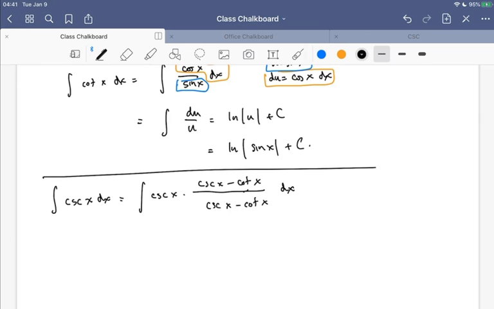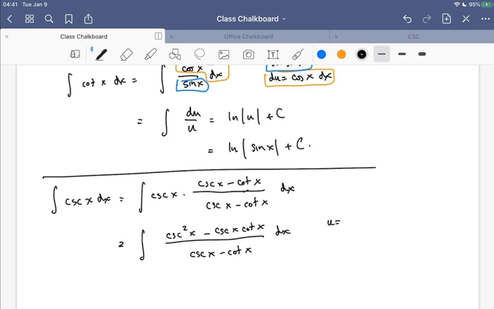It's the same idea as how we did the integral of secant by multiplying by secant plus tangent over itself. And this just turns out to be the version that we need for this guy. If I multiply that out, I've got cosecant squared x minus cosecant x cotangent x all over cosecant x minus cotangent x dx.